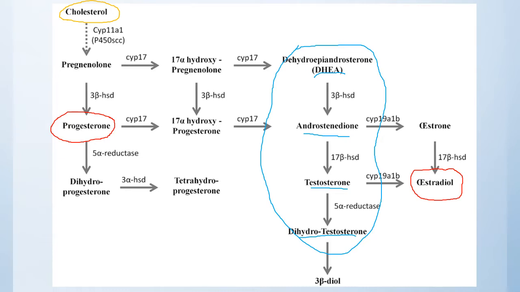From cholesterol, then pregnenolone, it undergoes slightly different processes to produce whatever you want to produce. We also talked about in the menstrual cycle lecture that estrogen is produced by converting androgen to estrogen, and this clearly shows the androgens.